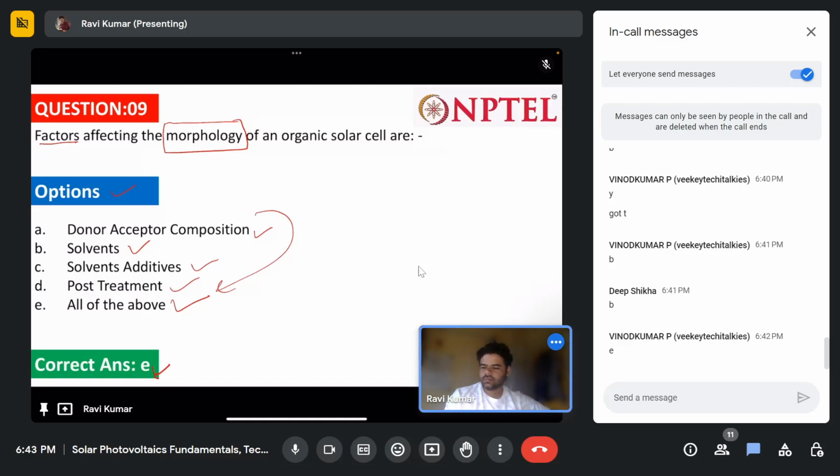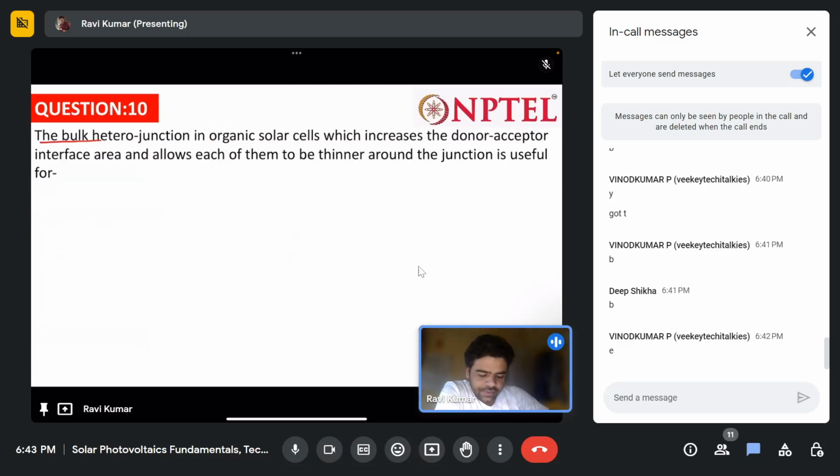Next question. We have the bulk heterojunction in organic solar cells. Just understand it.